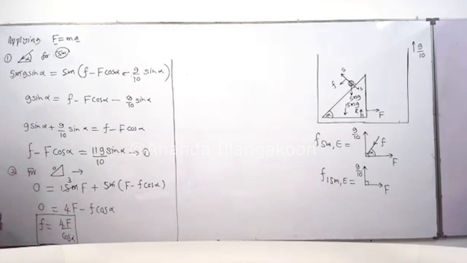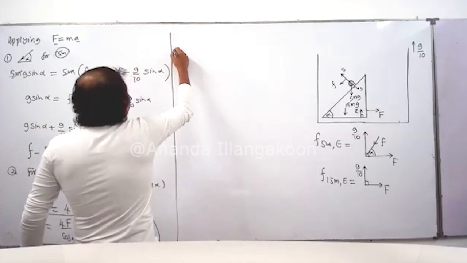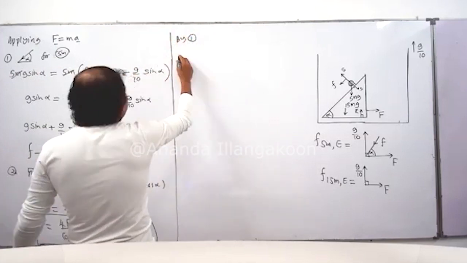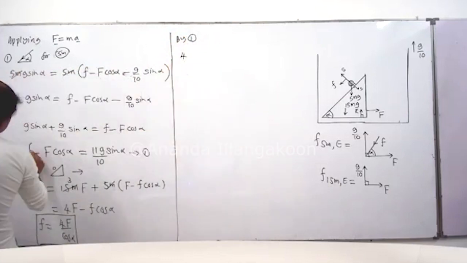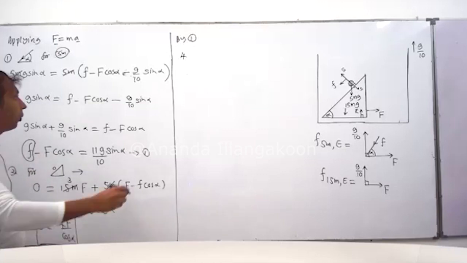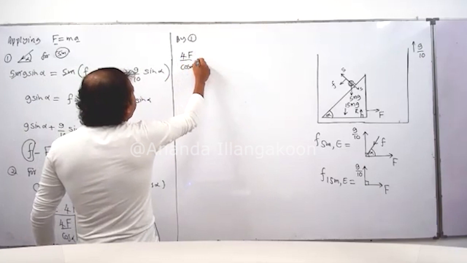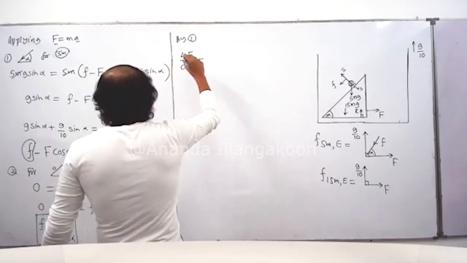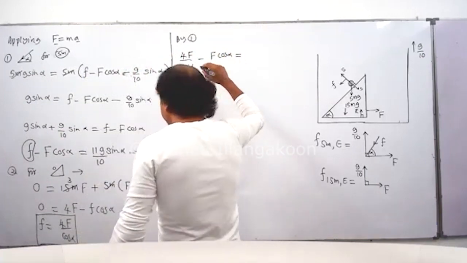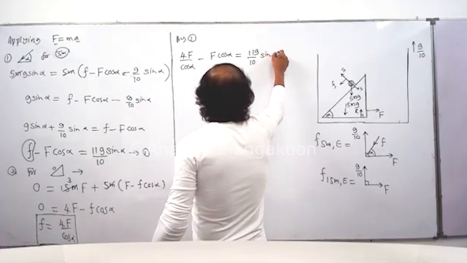Then we can find capital F. By number 1, for the simple F I substitute 4F over cos alpha, minus F cos alpha, equals 11g by 10 sin alpha.